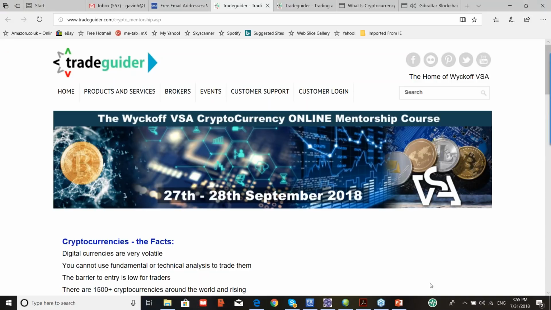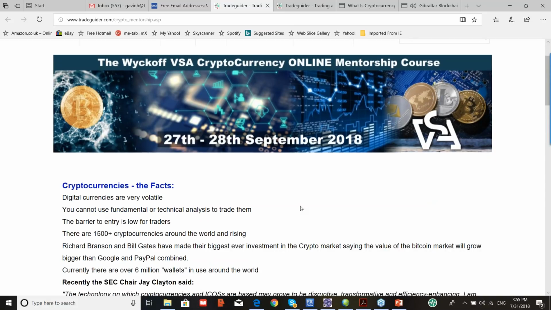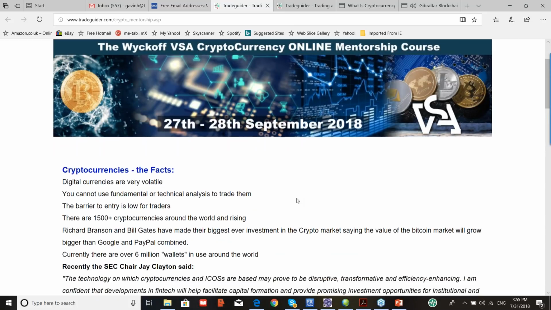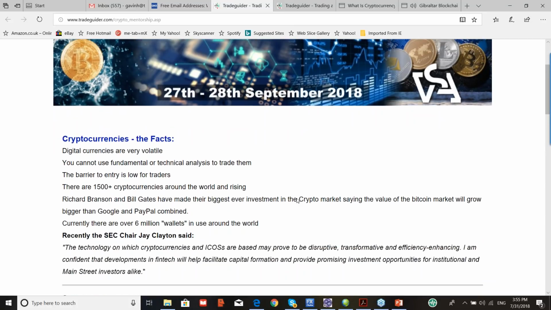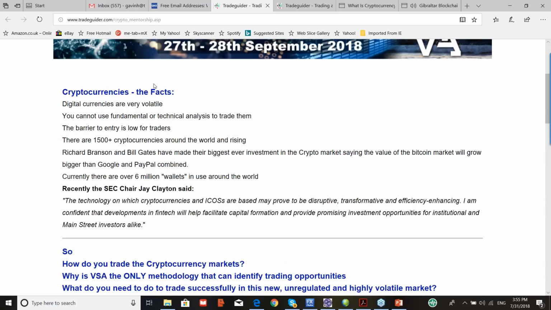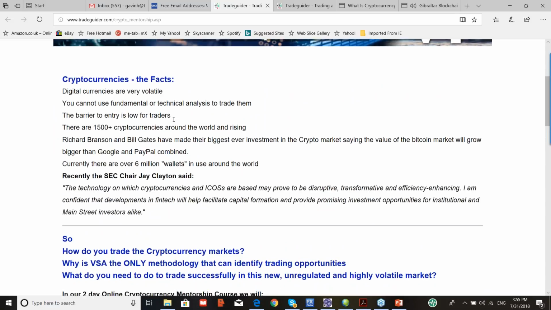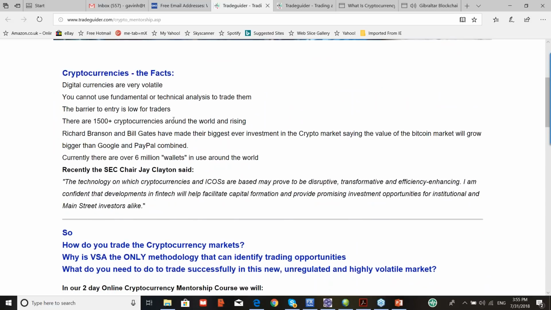It's in September, end of September, for a very good reason, because that's when we think there might be a significant move. We can't prove it, but it's just a feeling that that's going to be a very busy time. And it says here, digital currencies are volatile. You can't use fundamentals and technicals just on their own. The barrier to entry is low for traders, but there are 1,500 already around the world, and there's going to be a lot more.